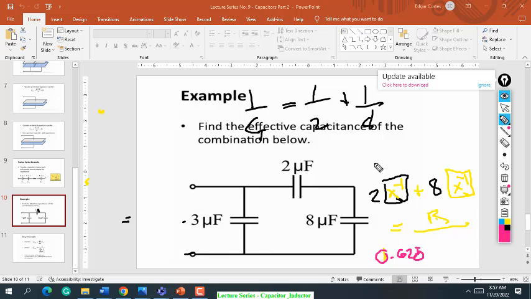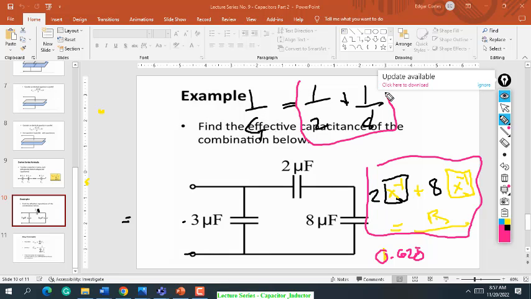What you're performing in this operation is 1 over C total. So you apply the inverse, pressing x to the negative 1 on your calculator. So, you arrive at 1.6.